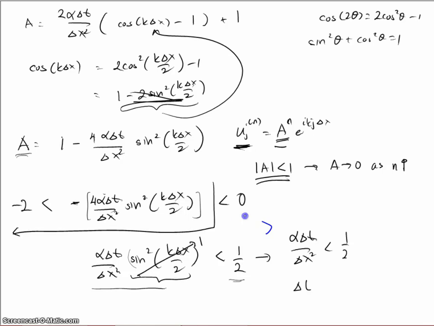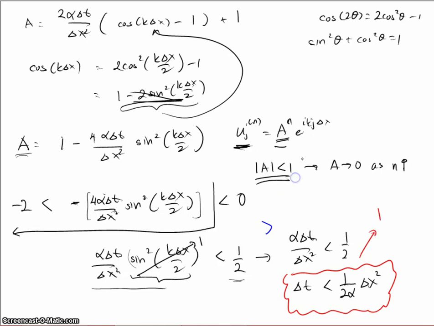Okay, so what is Δt? Δt must be less than 1 over 2 alpha times Δx squared. And this right here is known as the stability criterion for the FTCS scheme. So what does this stability criterion mean? It means that when you solve the heat equation using the FTCS scheme, your Δt and Δx must be selected such that Δt is less than Δx squared divided by 2 alpha.